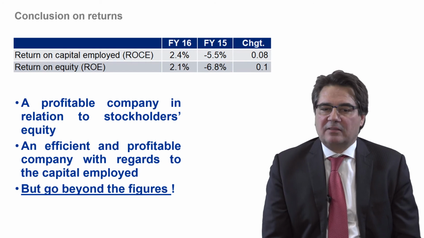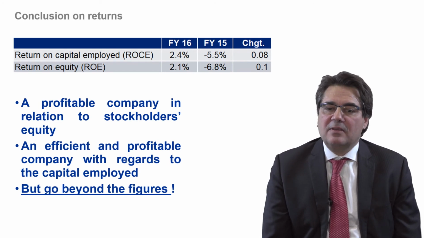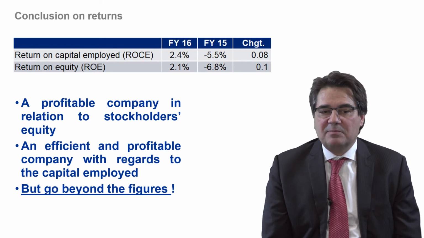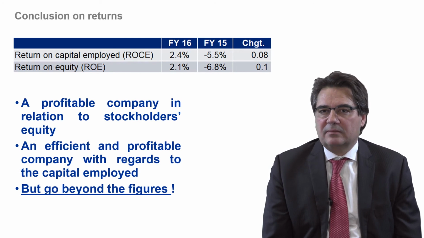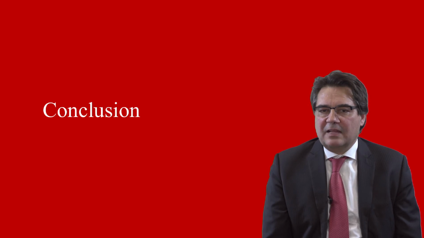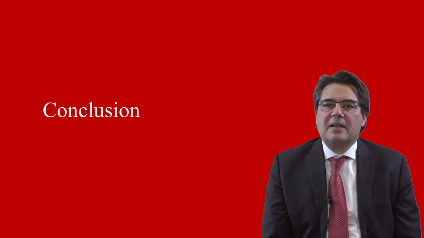Without the revenue grant from the government in 2016, the company would not have been able to increase its operating profitability with a stable level of capital employed. So that's the conclusion of our financial analysis.